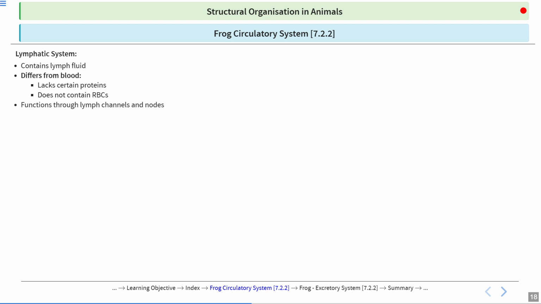It functions through the lymph channels and nodes. So there are lymph channels, very minute capillaries, and there are some node-like structures. You must have seen that there is sometimes a swelling, like mumps. What is that? These nodes get swelled up.